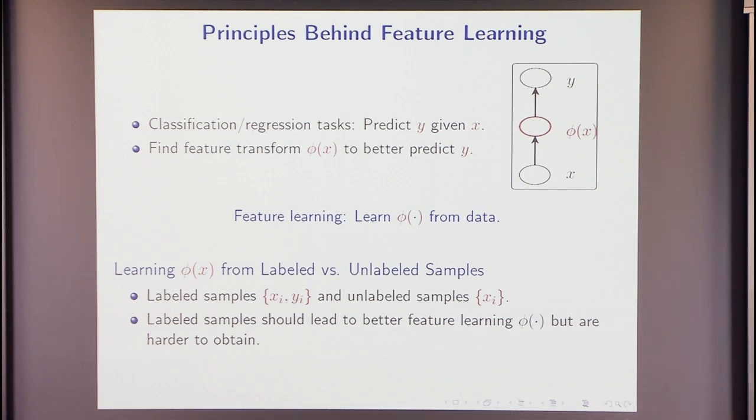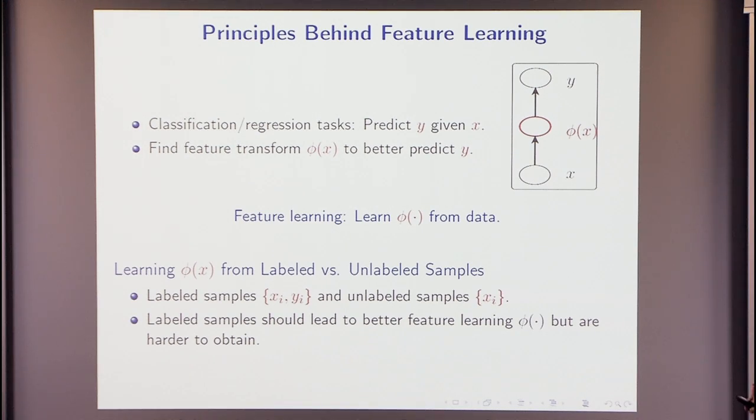We can think of learning them from labeled samples, meaning this function phi will incorporate both information about the label and the input, or we could do it just using unlabeled samples. So that means we can construct these transforms using only the input x. And in practice, in many of these domains, there are many more unlabeled samples than labeled ones.